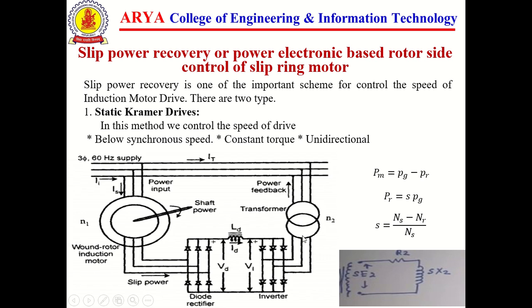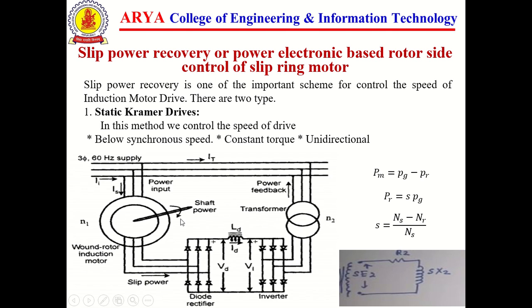Here we put a step up transformer. This power is stepped up by the transformer and given to the three-phase supply. So this method is called the slip power recovery method.